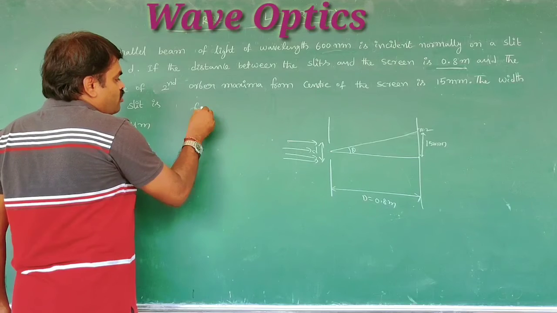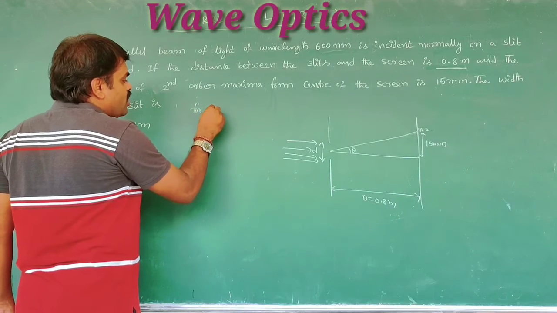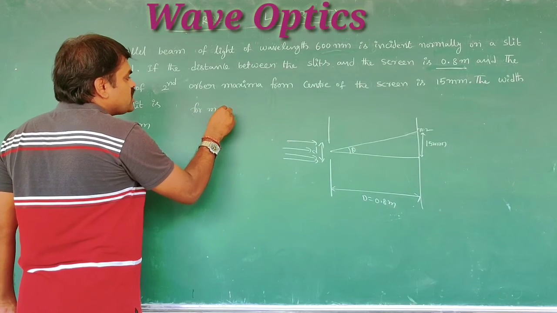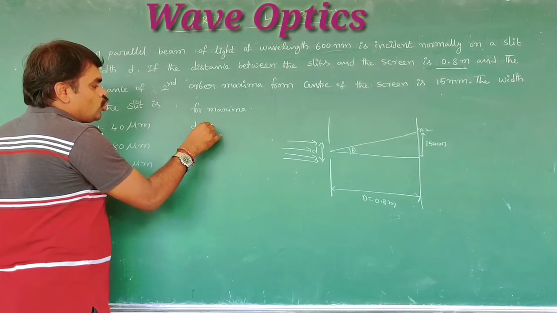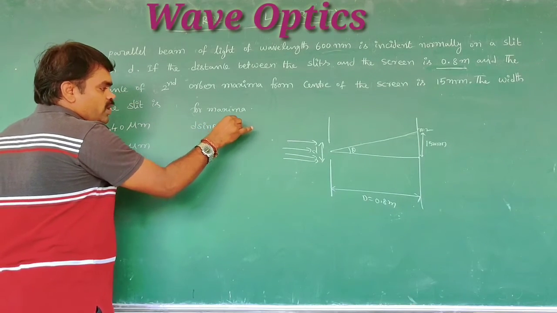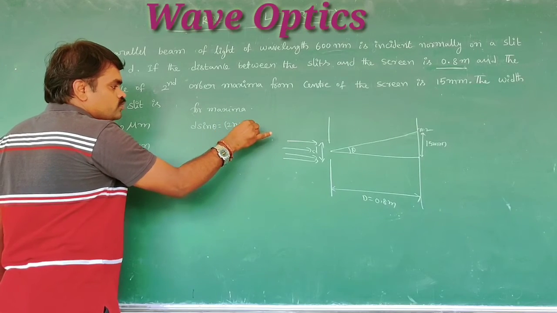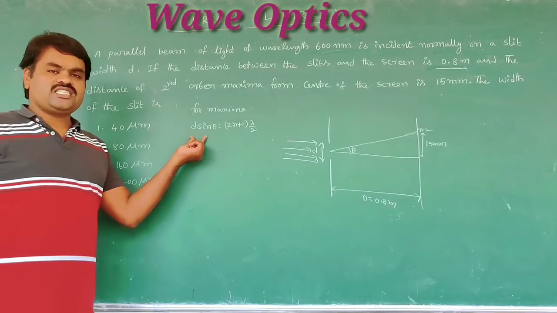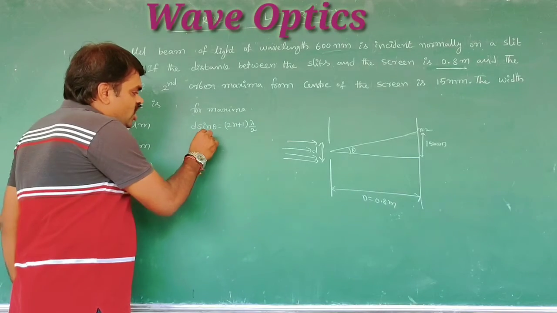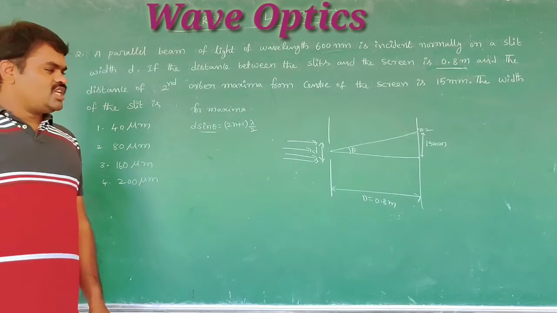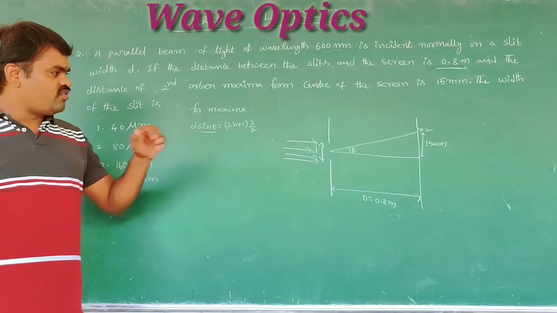They gave the second order maxima. The formula for maxima is d sin theta is equal to (2n plus 1) into lambda by 2. Here they have not given the theta value, so we find sin theta from the figure.